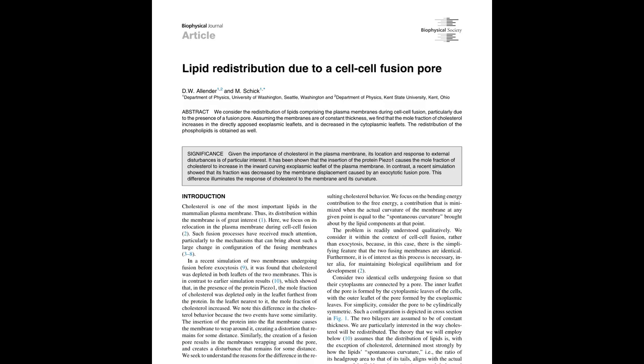The analysis decomposes membrane shape into two principal curvatures whose opposing effects compete in the cytoplasmic leaflet, ultimately predicting a net cholesterol decrease there. Conversely, the exoplasmic leaflet exhibits a positive total curvature that favors increased cholesterol content near the pore axis. These curvature-driven lipid rearrangements provide new mechanistic insight into observed lipid heterogeneities during fusion and mechanosensing processes.